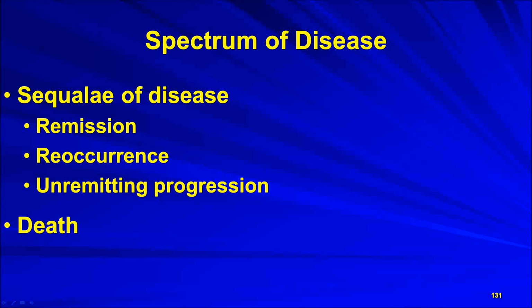We have other diseases like influenza that you have it once and then you're well and then you get it again. And then we have some diseases that just are going to progress to an endpoint that's going to result in death. So I hope this sort of helps you in ways to organize your thinking about disease in a systematic way.